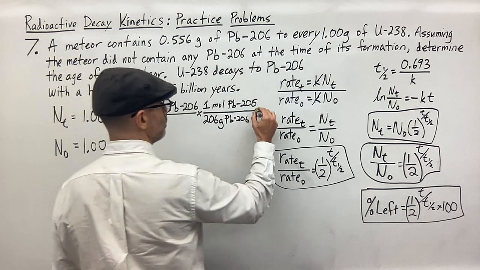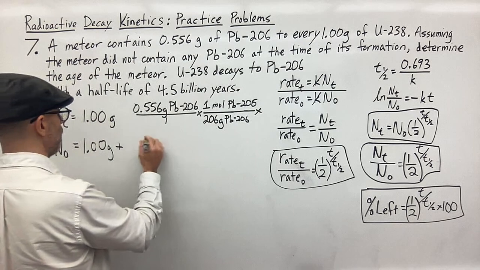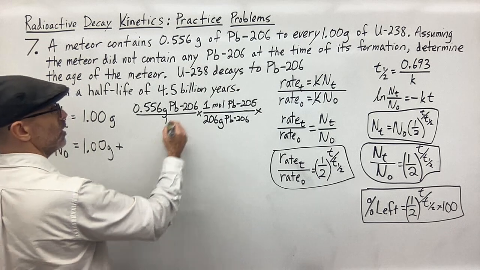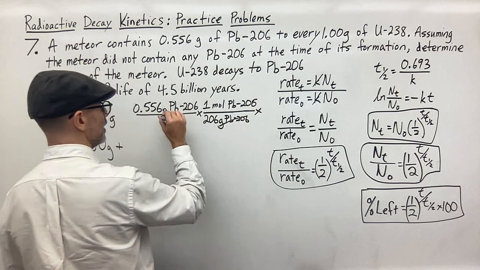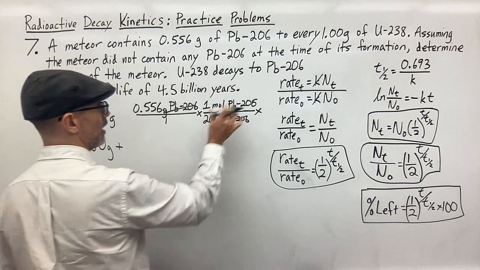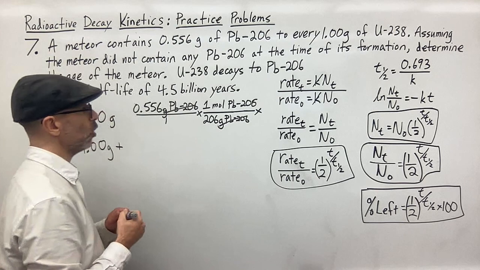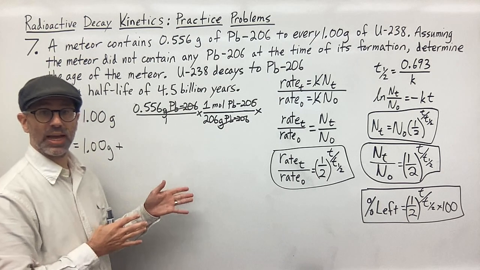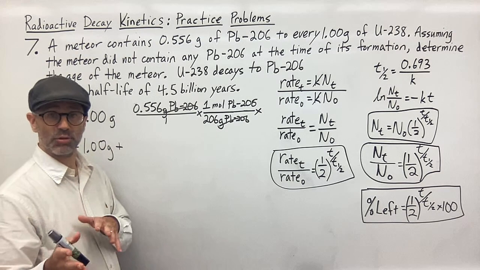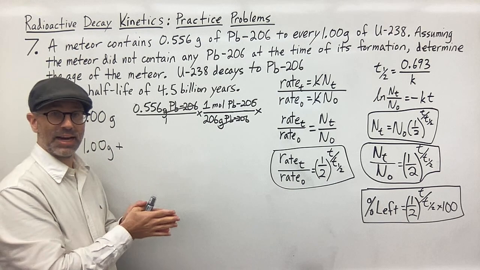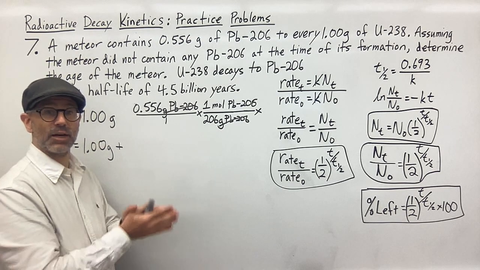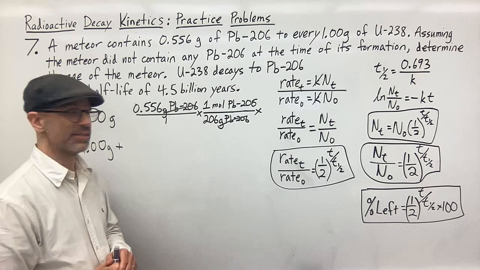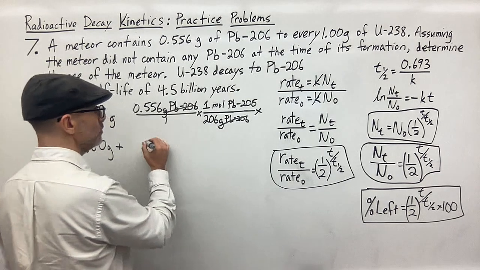And then we're going to multiply by our next conversion factor. I'll bring it down here for lack of space. So grams of lead 206 cancel out. Now I have moles of lead 206. So the mole ratio between uranium 238 and lead 206 is 1 to 1. For every atom of uranium 238 that decays, it decays into one lead 206 atom. So therefore, it's a 1 to 1.